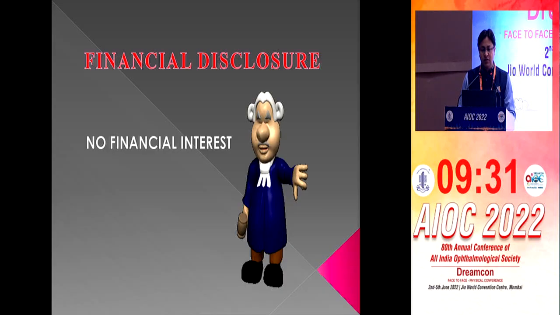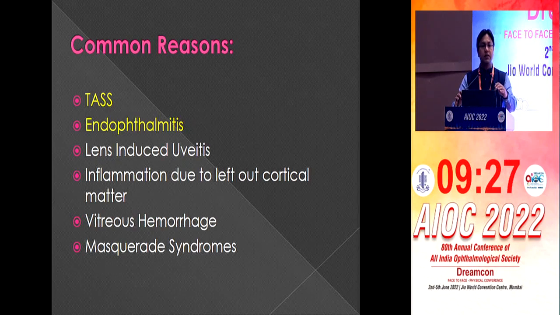There is no financial interest. I will start. What are the common things which we have to diagnose or differentiate when we suspect a case of endophthalmitis? There are many, but my topic is only related to TAS, which is much similar and associated with endophthalmitis.